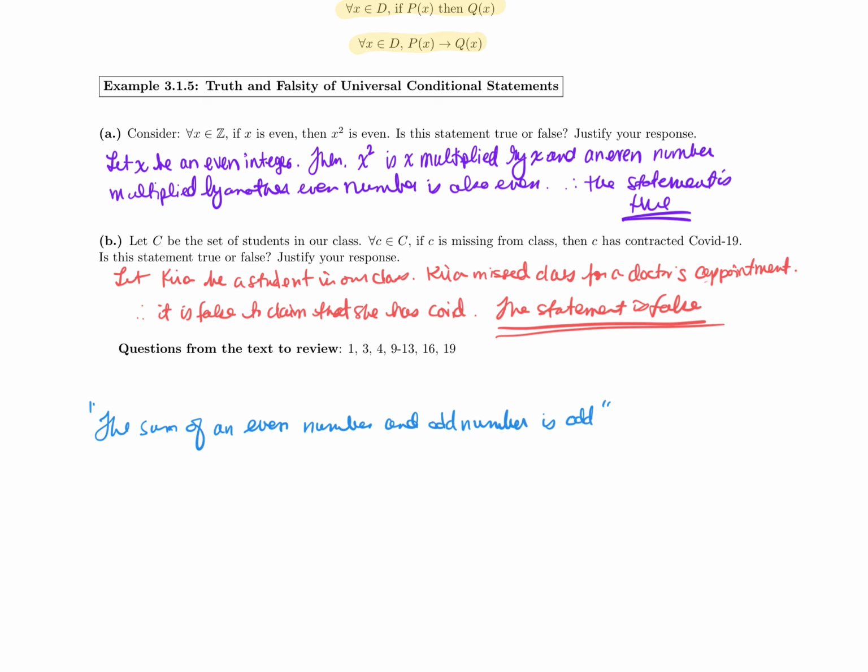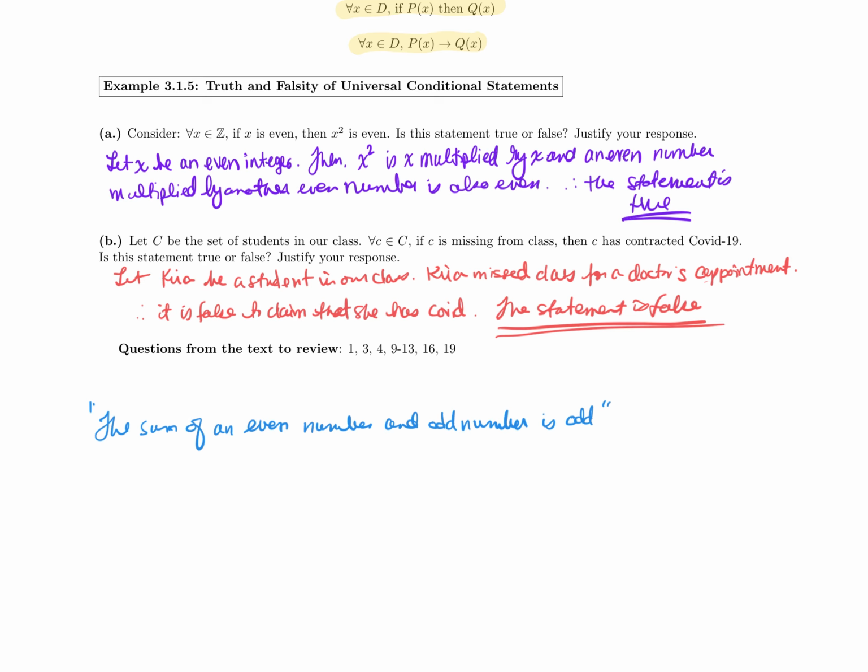And we want to convert that to a universal conditional statement. We don't have to know the definitions of even and odd yet. We're going to get there in a couple weeks. It's going to be the first definition we learn with proof writing. We're going to learn about evens and odds first. But for now, we want to talk about the sum of an even number and an odd number is odd.